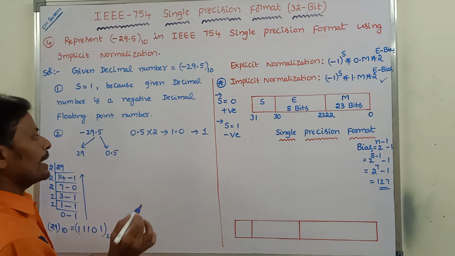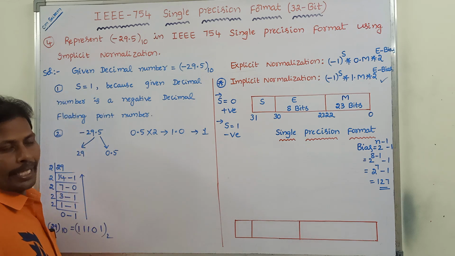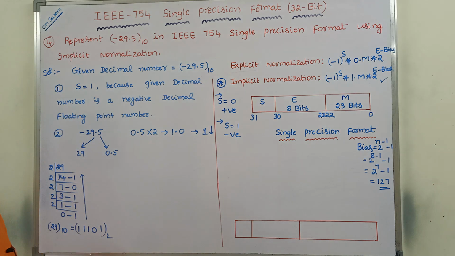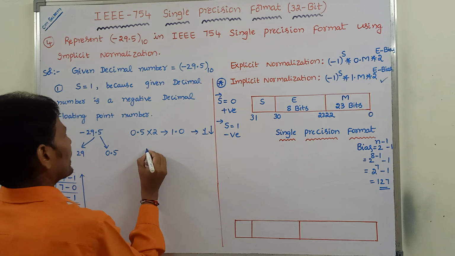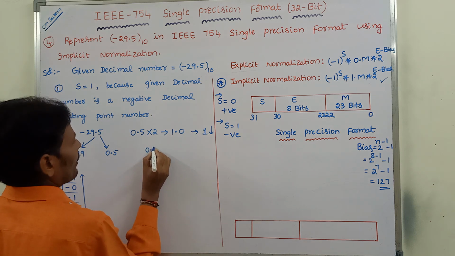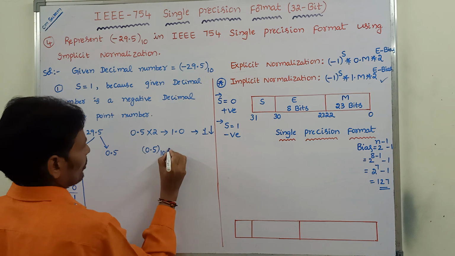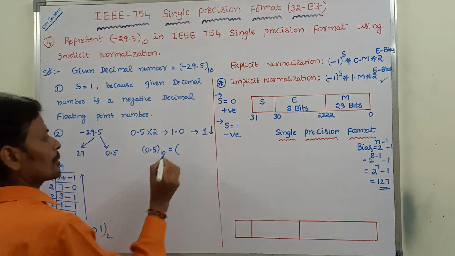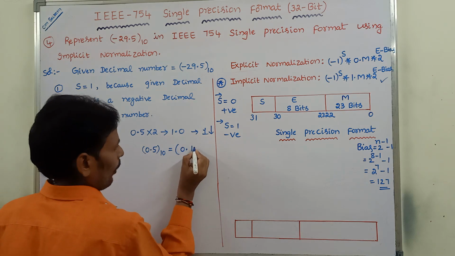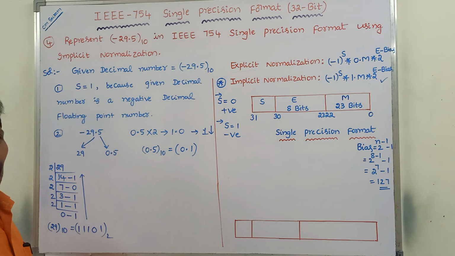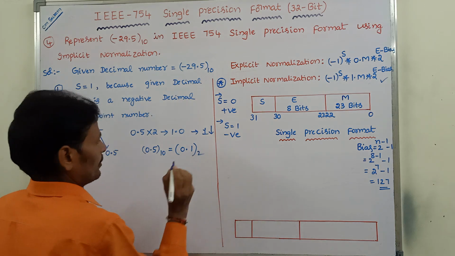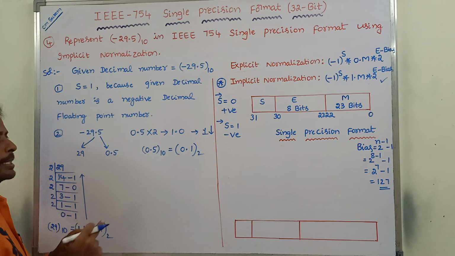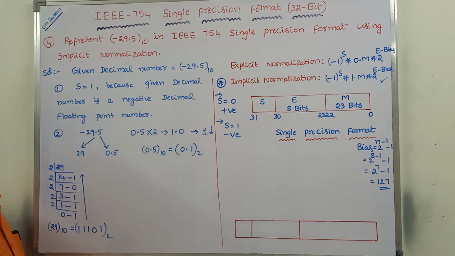Then write the separated integer parts from bottom to top, so 0.5 base 10 is equal to 0.1 base 2, only this single one is there. So the integer part binary equivalent is there, and the fractional part binary equivalent is there.